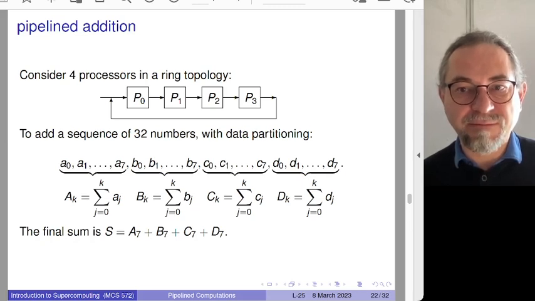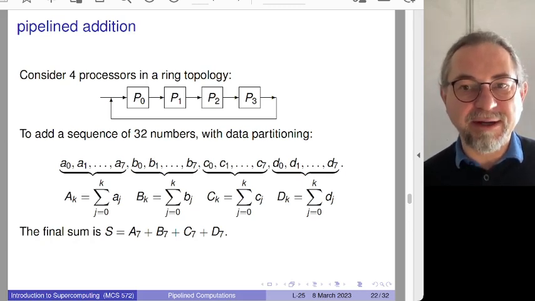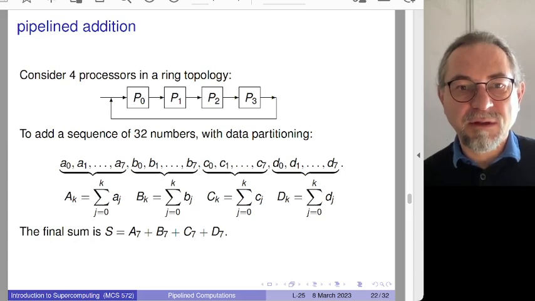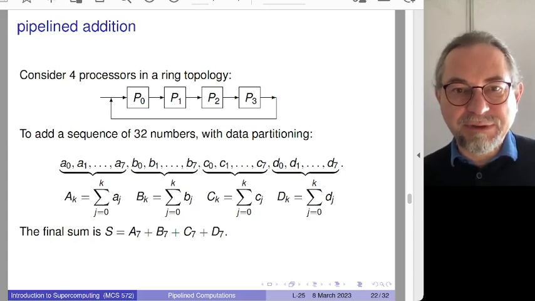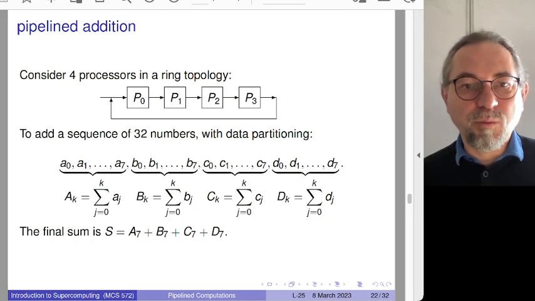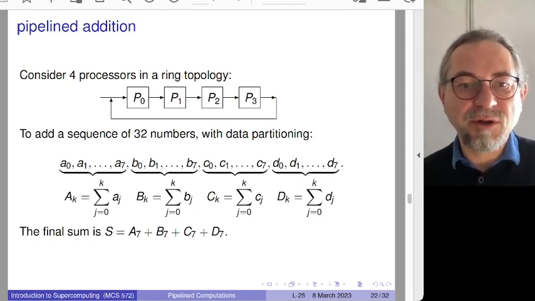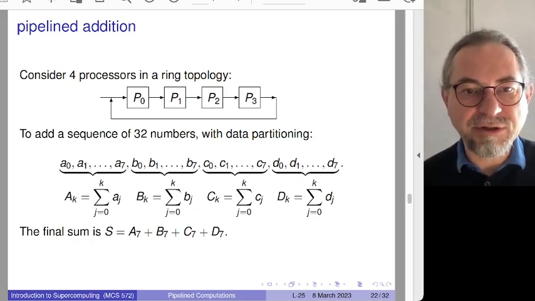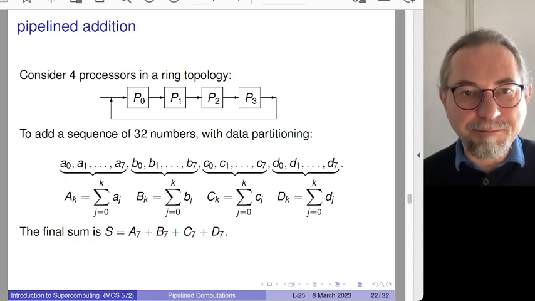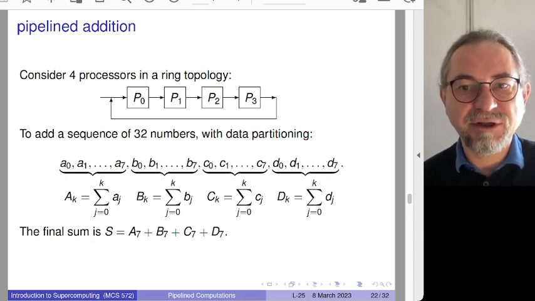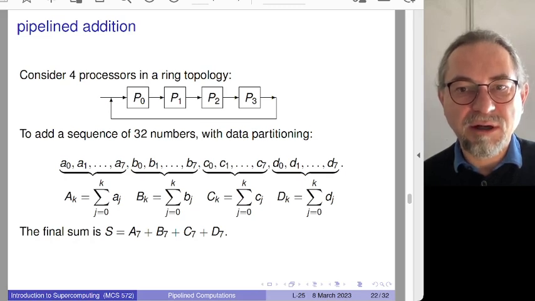So you can think of a very large distributed database as well. The pipeline will actually do something with these numbers. So every processor now does actually 7 additions with the 8 numbers that are available at every node.